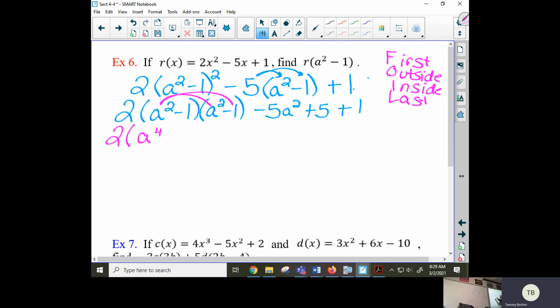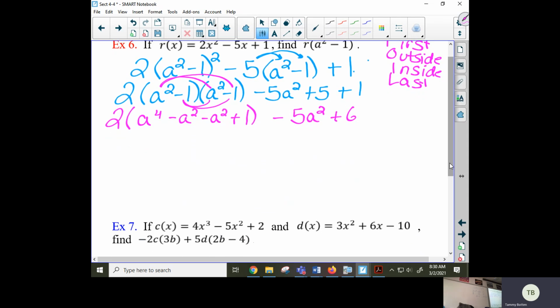A squared times a negative 1 is minus a squared. Inside is negative 1 times a squared, which is negative a squared. And then a negative 1 times a negative 1 is a plus 1. Okay, and then we still have our negative 5a squared plus 5 plus 1, I can combine to 6.